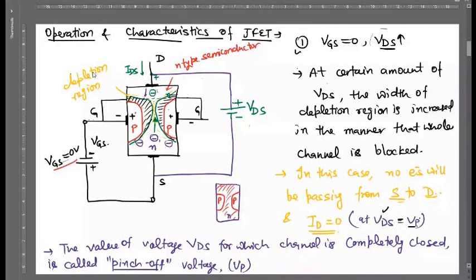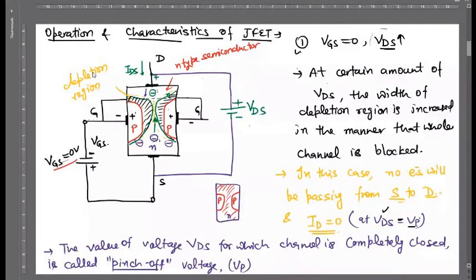So this is another way to close this channel, to control the current flowing between source and drain. So VGS is the voltage which can easily control the current flowing between the source and drain terminal. Understood my point? Do you understand this?